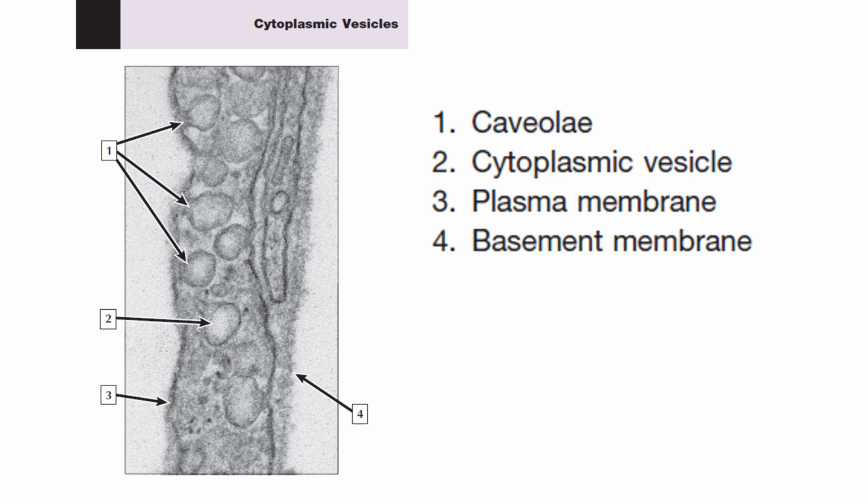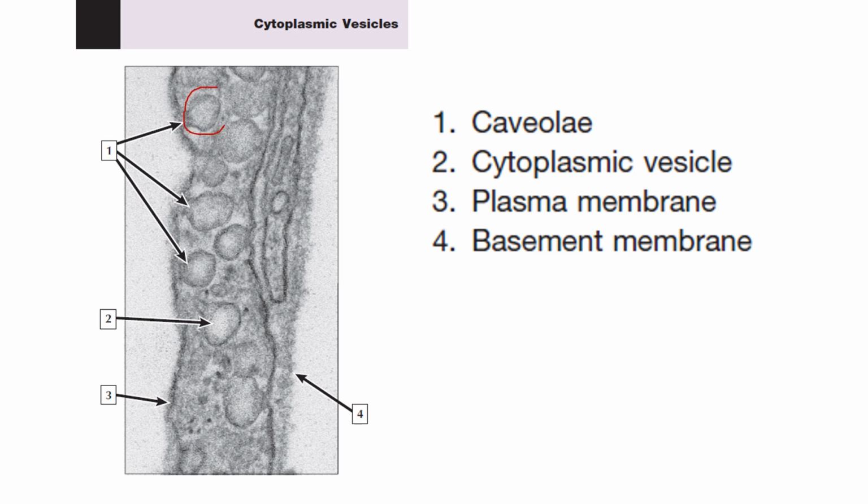This is a closer look at caveolae and vesicles in the endothelial cell of a capillary. Cells have several kinds of membrane-bound vesicles that form by invaginations of the plasma membrane, also known as the cell membrane. They then enter the cytoplasm by pinching off from the surface and are transported to other parts of the cell.